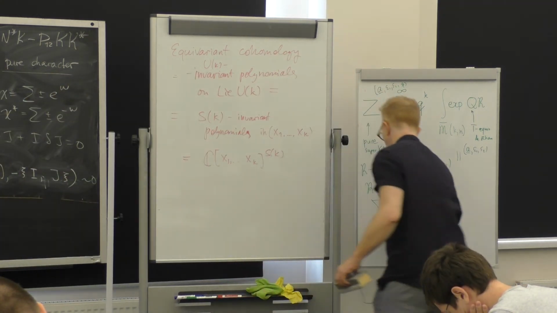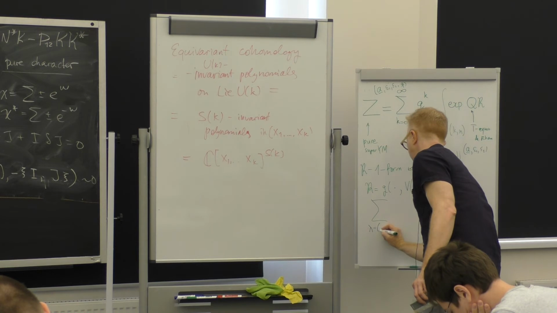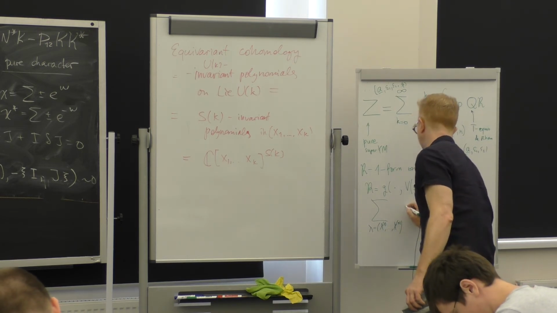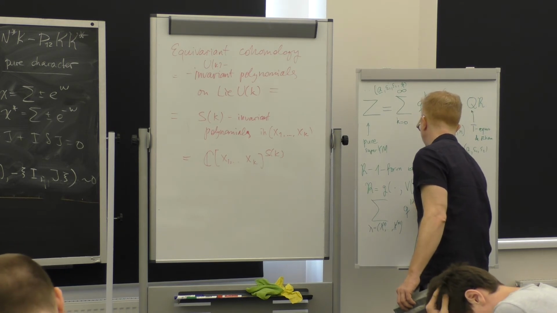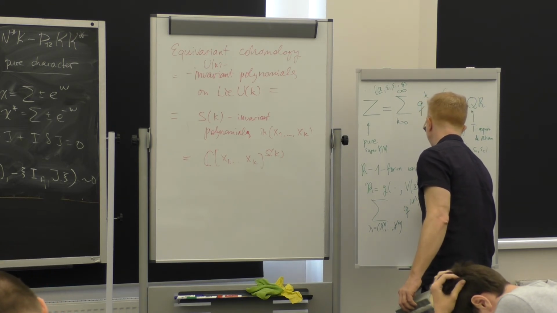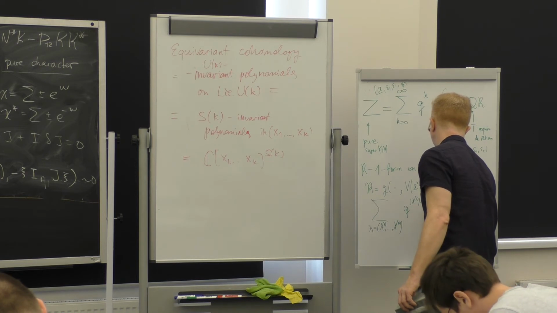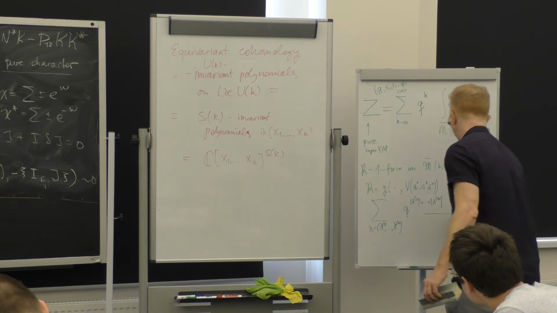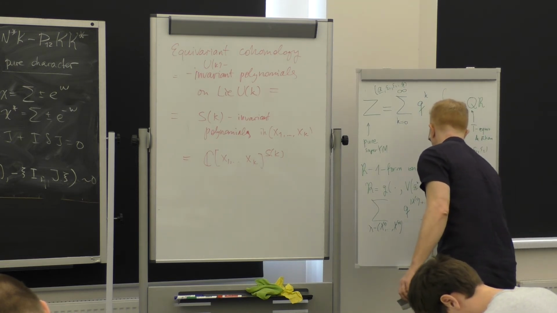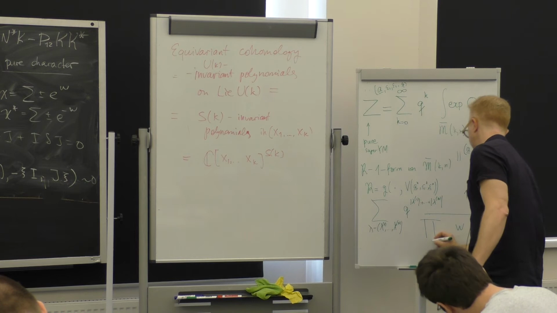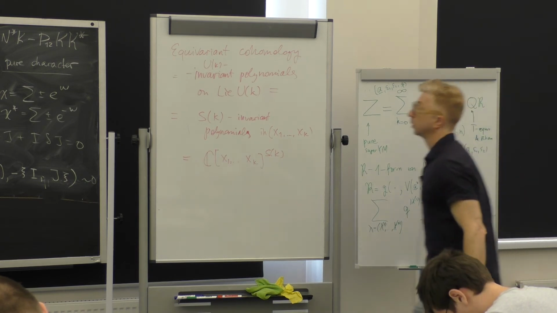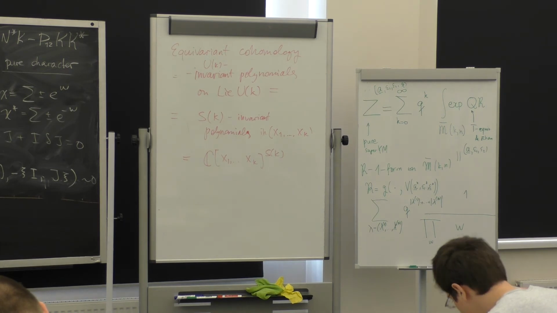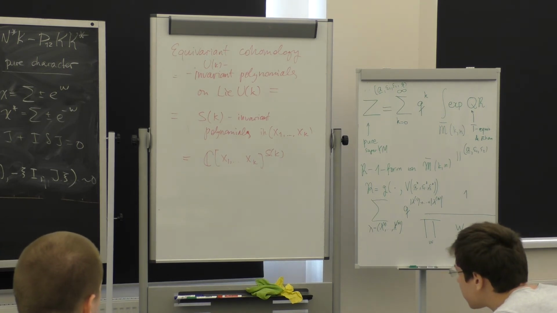So it's a sum over all n-tuples of Young diagrams, Q to the sum of the sizes of these Young diagrams, one over the product of W's, where these W's are read off this formula. So this is the sum of W's, of exponential of W's.